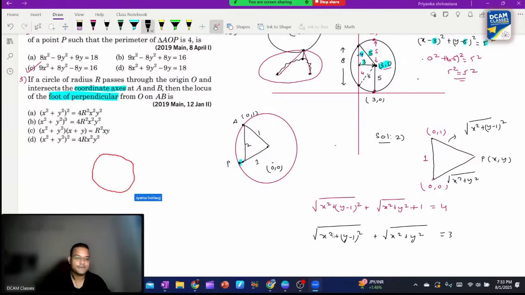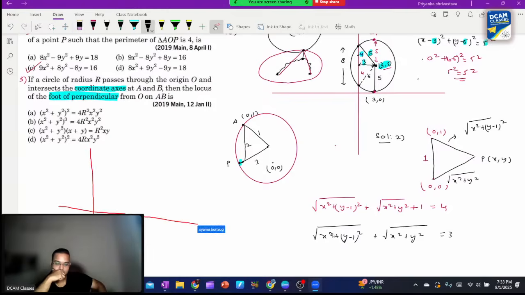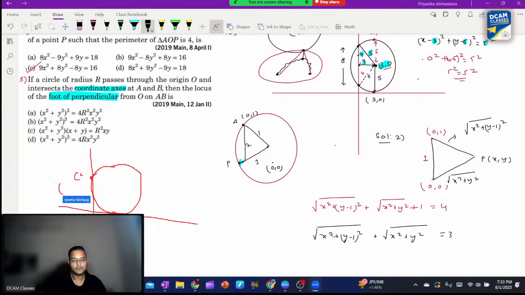Tell me why you have arrived at this thought that this will be the center, that the foot of perpendicular will be the center. I have not told you that property, but if you know from the lower classes, you will be able to do it. It'll be like this, sir. I'll take this as a comma 0 and this as 0 comma b, and this will be the chord.